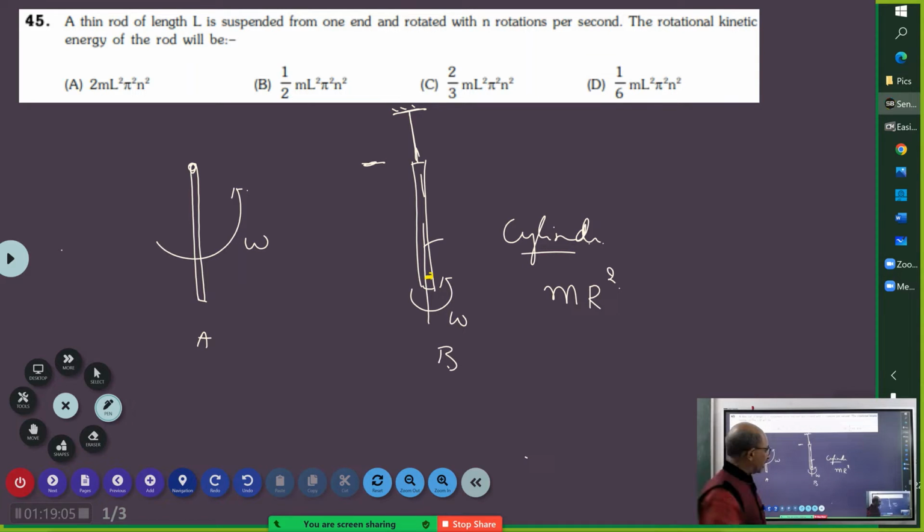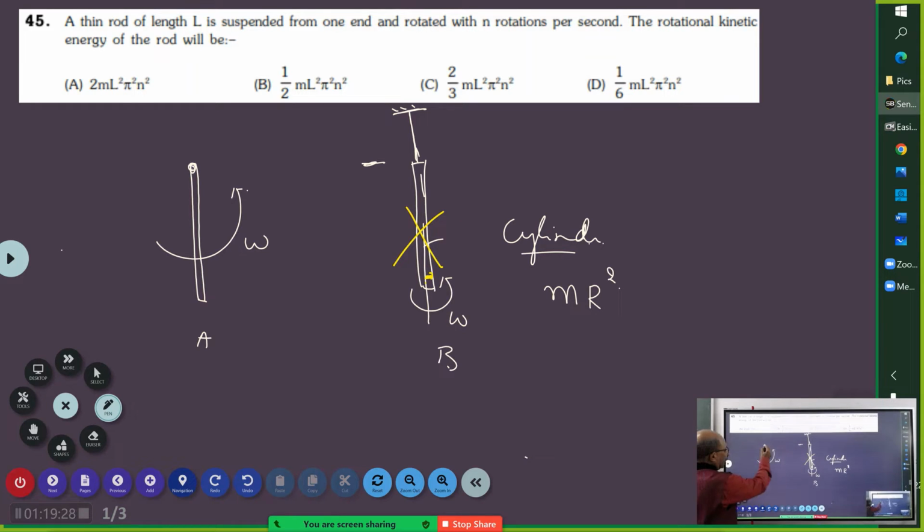Since they have told thin rod, that means now this radius is negligible. If at all you want to still calculate rotational kinetic energy, then R must be known. So therefore, this is not the consideration; only this is the consideration. So this is very simple, rotational kinetic energy is half I omega square.